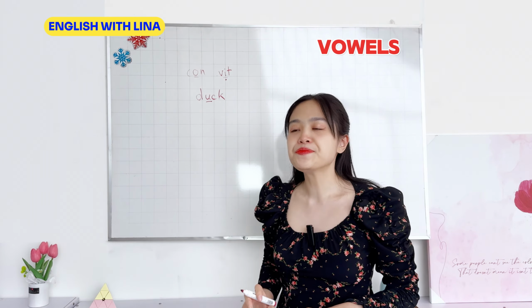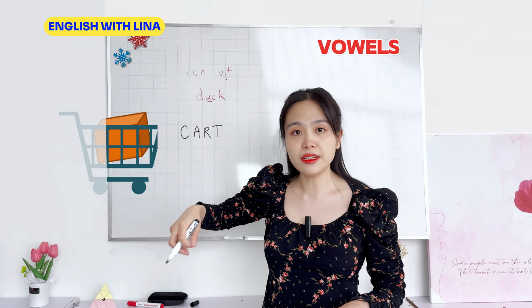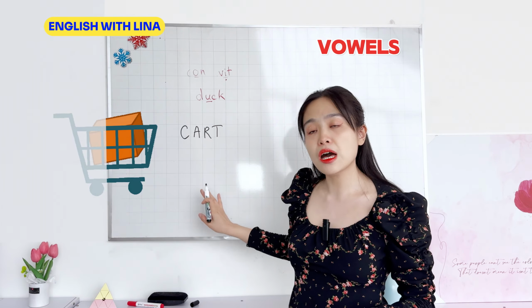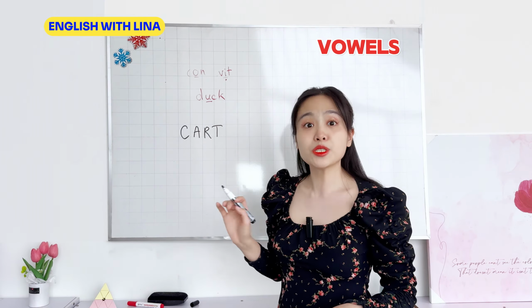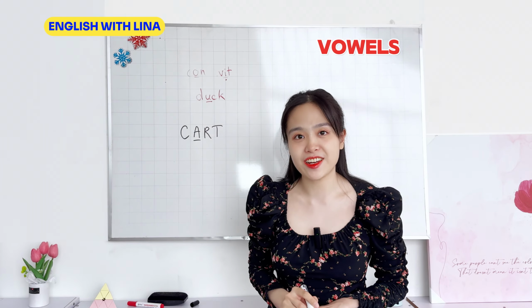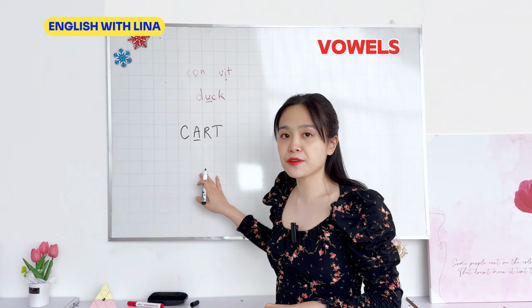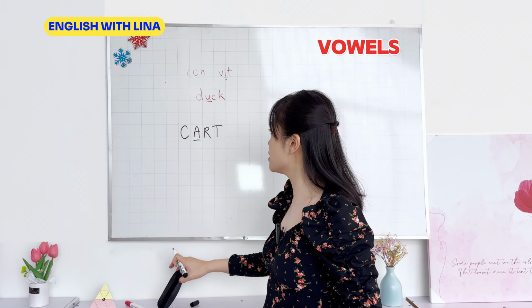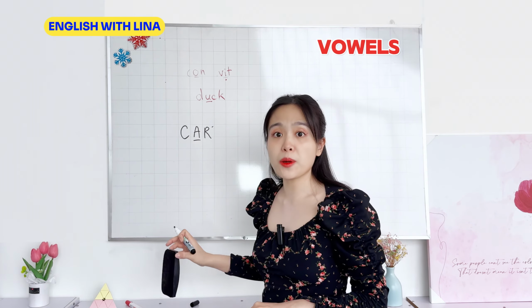So now, let's have a look at this word. We have cart. When you go to the supermarket, you use a cart to put your stuff inside. So here, which one is the vowel? Yes, very good. It's this letter, right? If you remove this letter, does this word make sense?